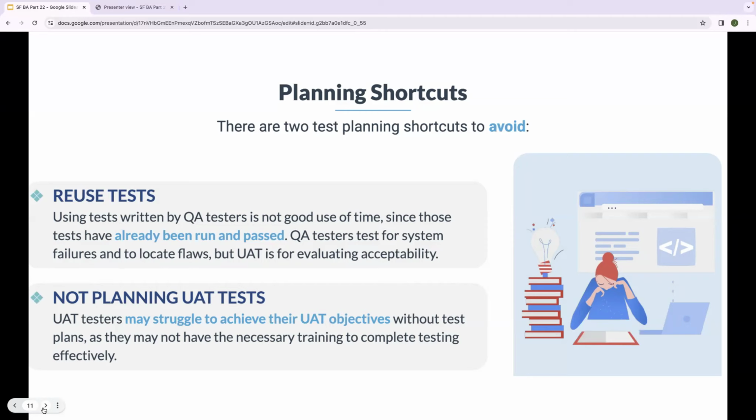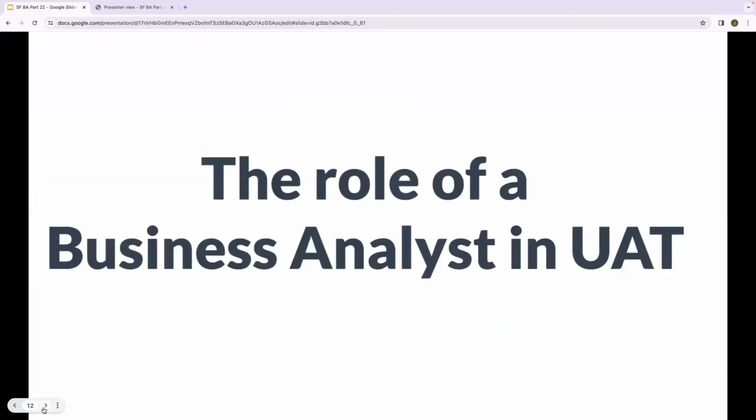QA testers test for system failure and to locate flaws, but UAT is for evaluating acceptability. Not planning UAT tests. UAT testers may struggle to achieve their UAT objectives without a test plan, as they may not have the necessary training to complete the testing effectively.